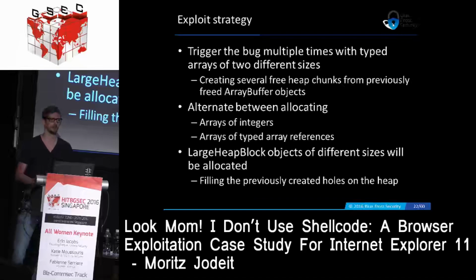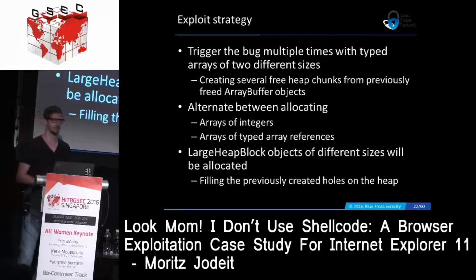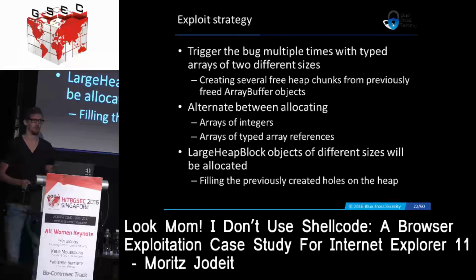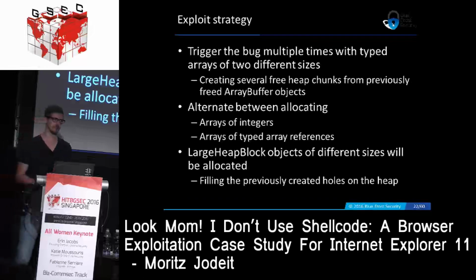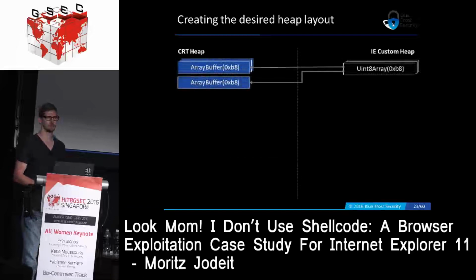Then we will start to alternate between allocating JavaScript arrays of integers and JavaScript arrays of typed array references, and the created large heap block objects will eventually fill the freed heap chunks. In order to understand it a little bit better, here's a small demonstration. On the left side, you can see the CRT heap. On the right side, we have the custom heap. We start by creating the first group of typed arrays.